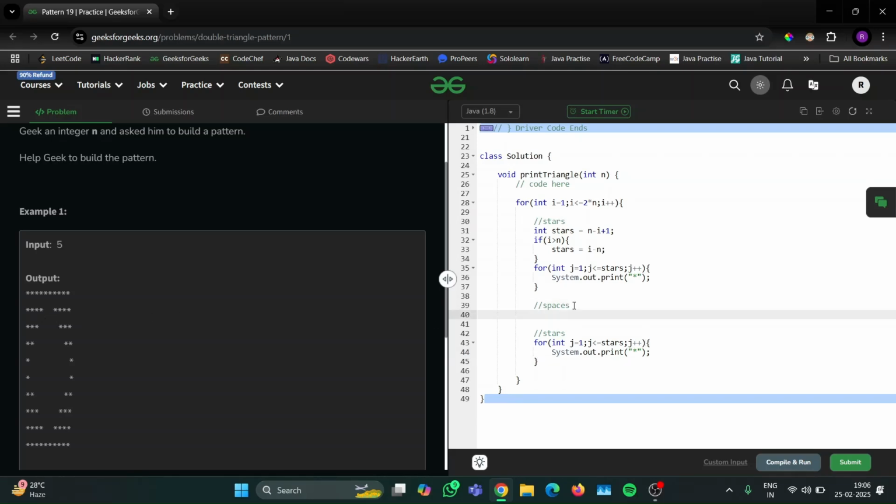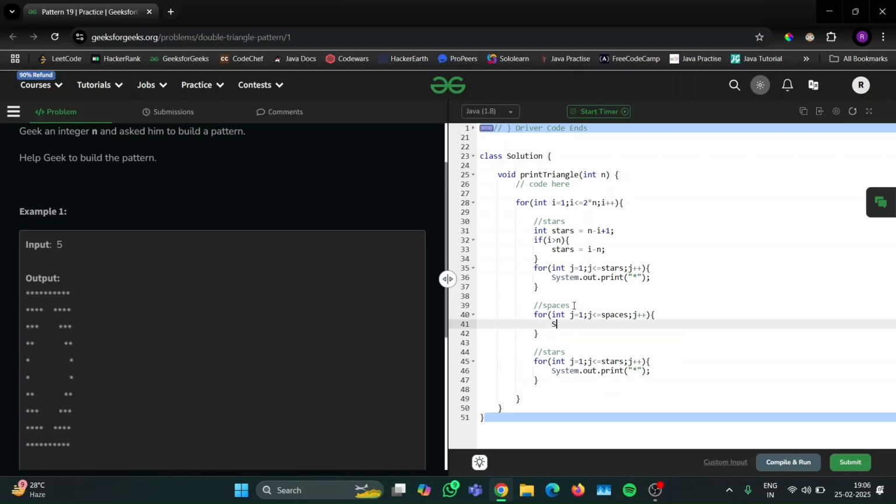Now we have to do the same for the spaces. Int j is equal to 1, j less than or equal to spaces, j plus plus. We have to print an empty space, and then we have to figure out the formula for spaces.